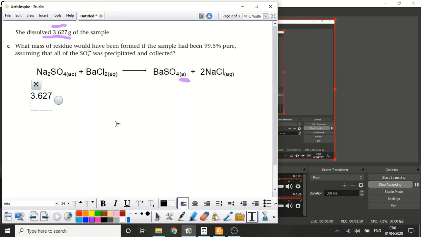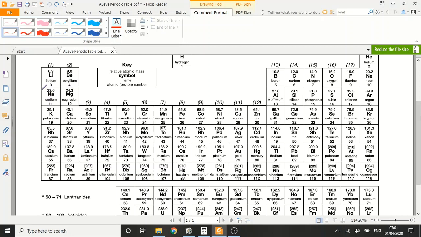So sodium sulfate is 23 for the sodium, 32.1 for the sulfur, and 4 lots of oxygen, so 4 lots of 16. But don't forget that we need 2 of the sodium, 4 of the oxygen, and just the 1 sulfur.